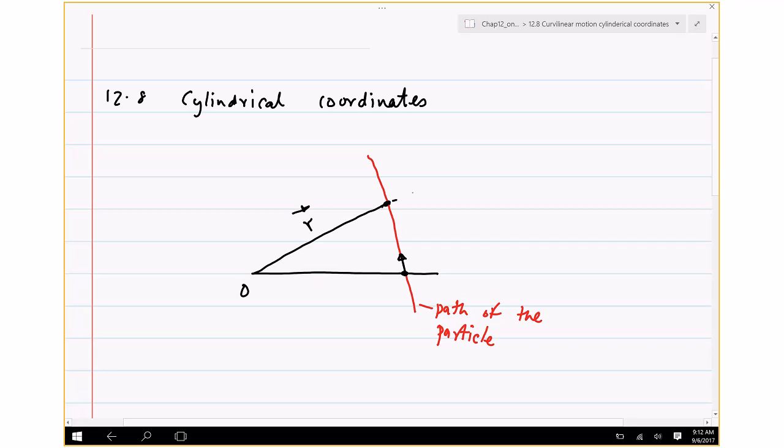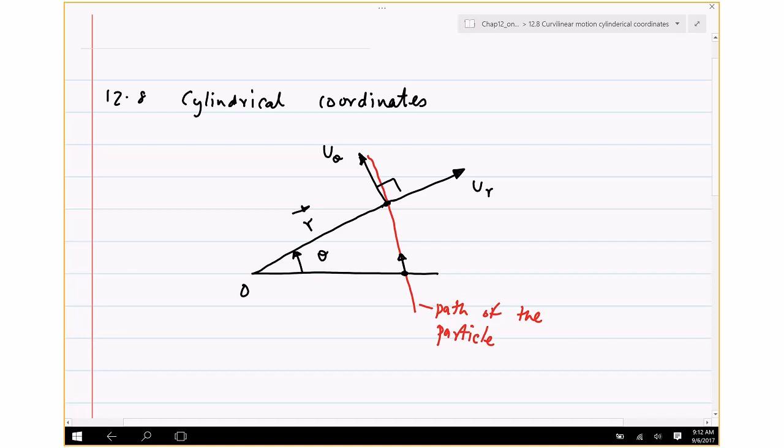So we draw a vector along the unit vector along r, and then we draw a vector which is normal to r. It's called u theta. Then this angle here is theta.